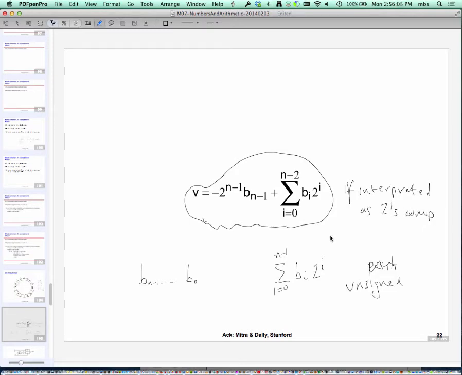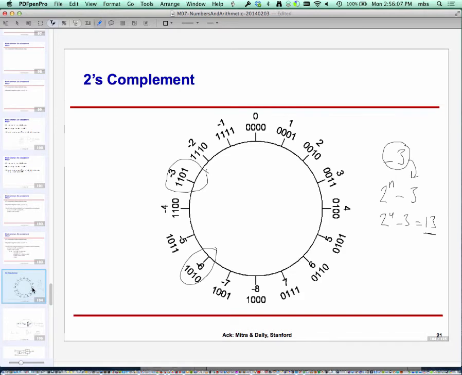And this is an important point. Going back, let's say I give you a 4-bit input, and that 4-bit input was 1011. If I said it's an unsigned number, then 1011 is 11. But if I tell you it is a 2's complement number, then the same 1011 is now interpreted as -5.